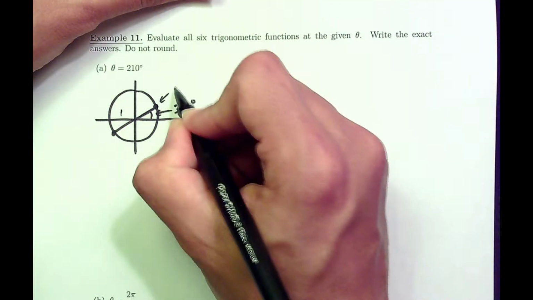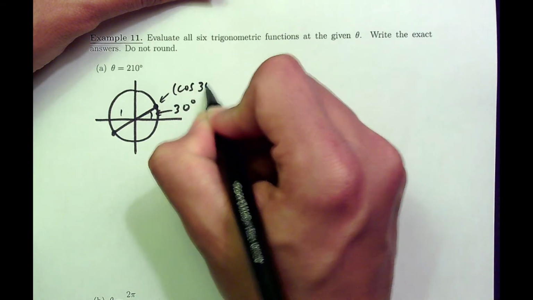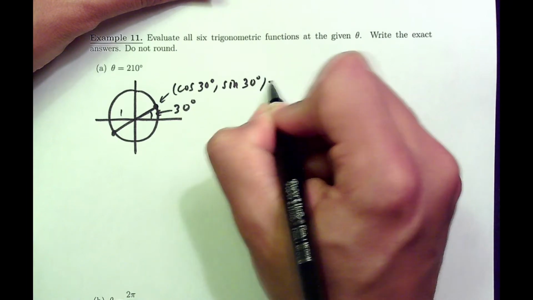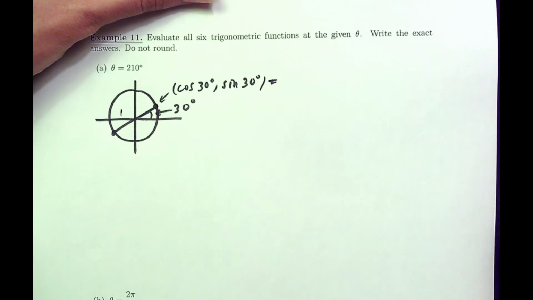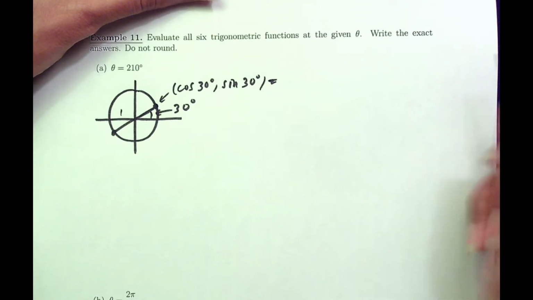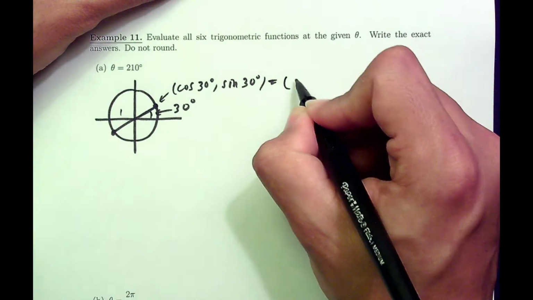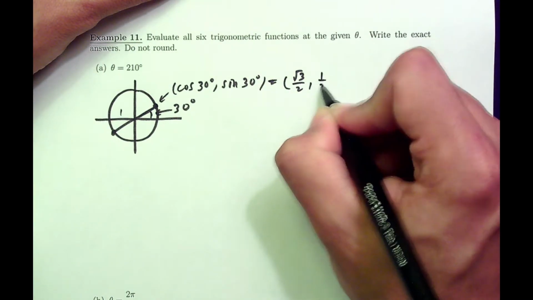And that's the idea. You see, the coordinates of this point are the cosine, sine, and because that's a special angle, you're supposed to really know these ones. You're supposed to memorize those or look them up. The cosine of 30 degrees is square root of 3 over 2, and the sine of 30 degrees is a half.